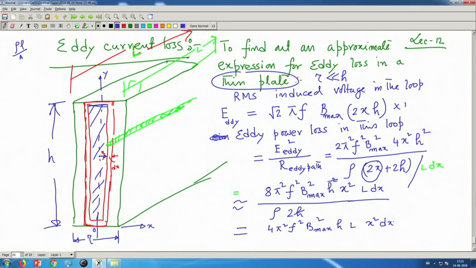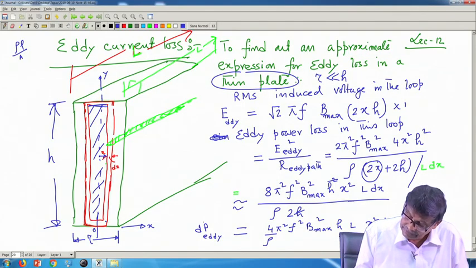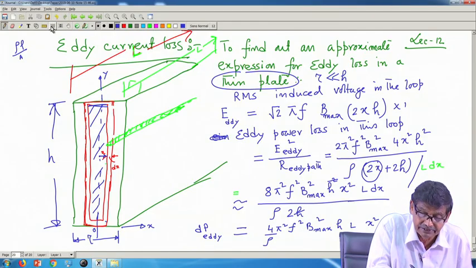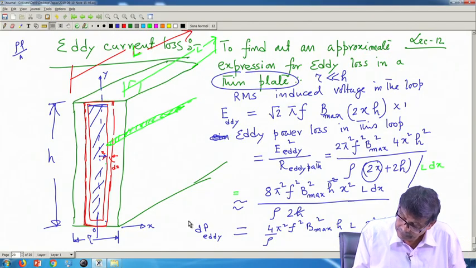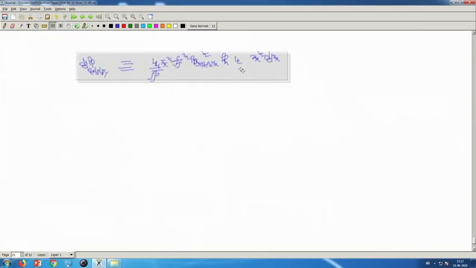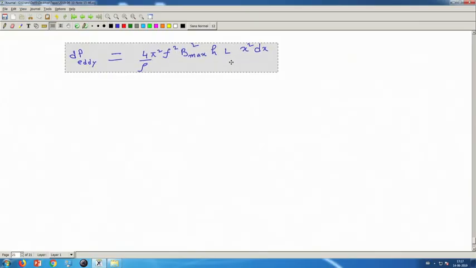It is now a manageable expression, divided by rho, of course. So, this will be this loss. I will say this is dp eddy on this elementary loop. And this portion I will just copy it and carry on. So, we got from the previous slide, this is the thing.